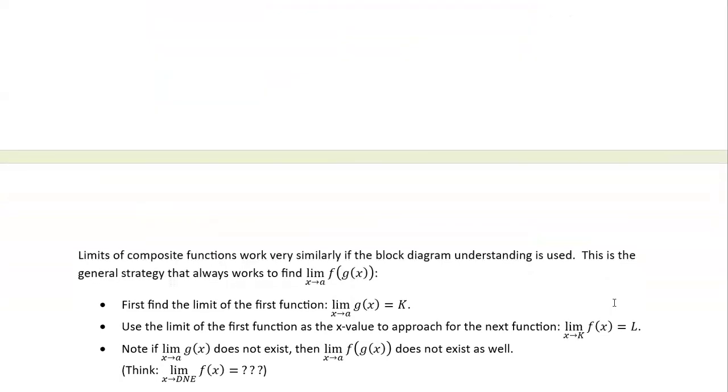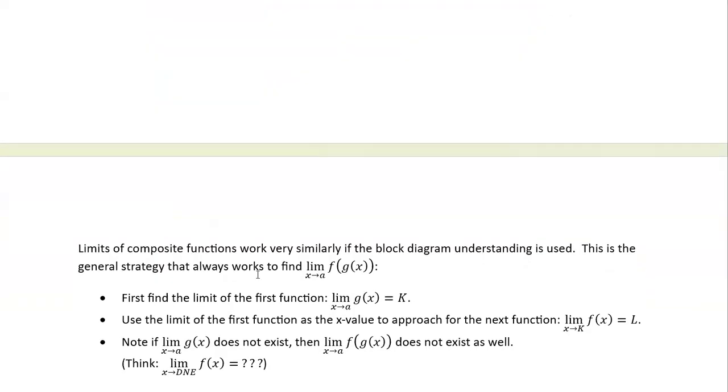All right. So limits of composite functions work very similarly if we try to understand how those composite functions work with that block diagram I just went over, okay? So this is the general strategy that always works to find limits as x approaches a of f of g of x, okay? So we first find the limit of the first function, the inner function: limit as x approaches a of g of x, let's say is equal to k, okay?